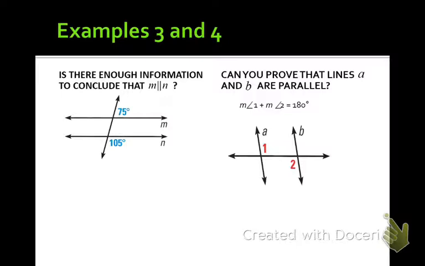We've got the two angles. They're not corresponding angles. This is kind of a tricky question. What could we do to show that the lines are parallel, given that information?